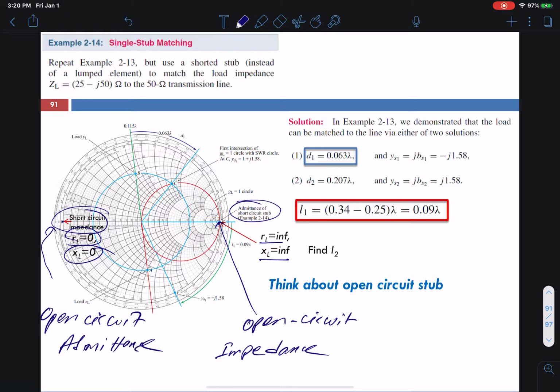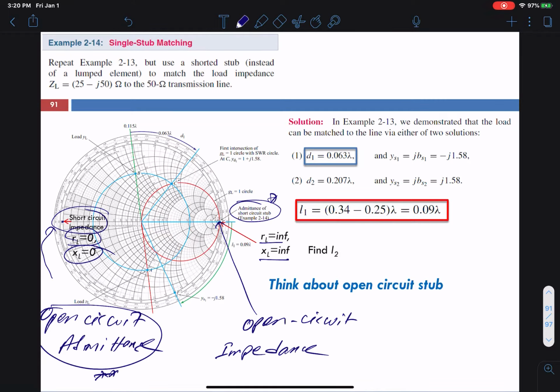So remember that. In matching, we only work with the admittance, not the impedance. So I have to be careful about the short circuit admittance and the open circuit admittance. We forget about the impedance now, okay?